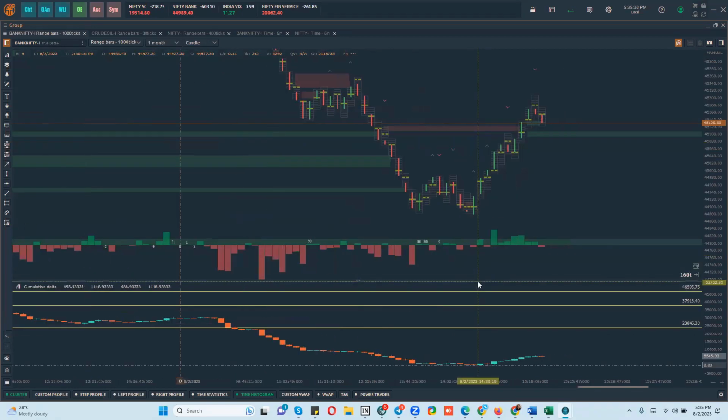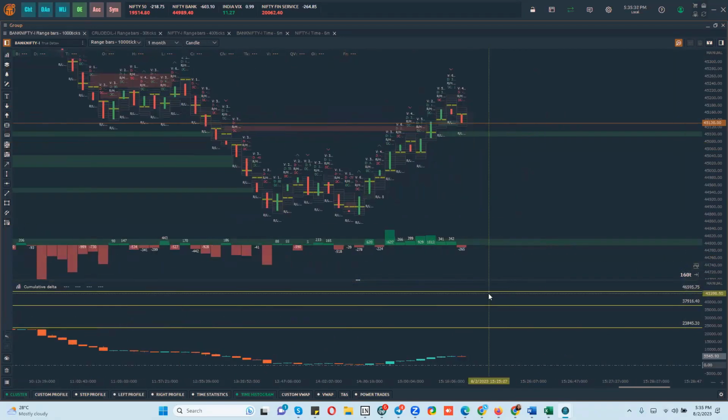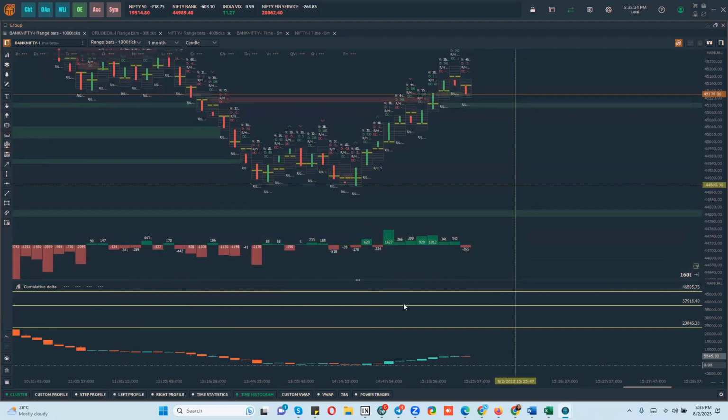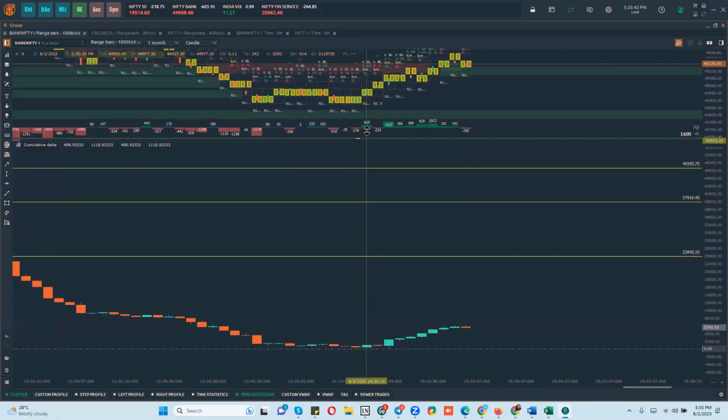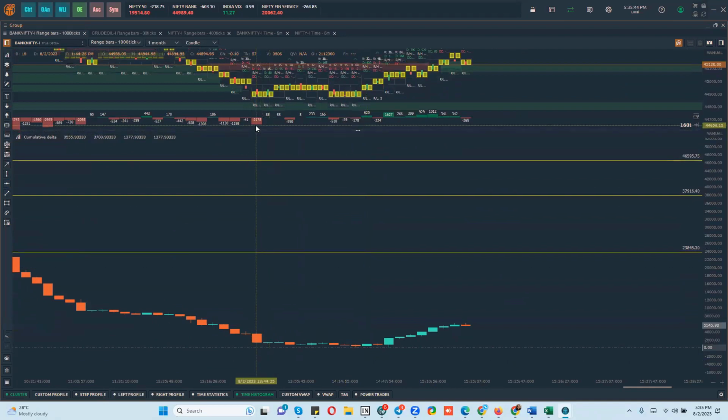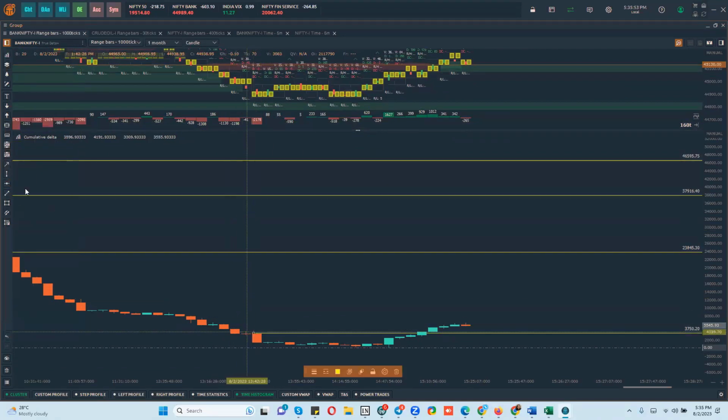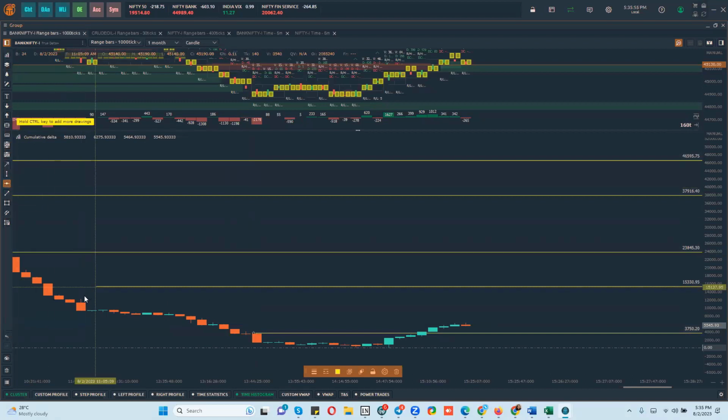So in the current market scenario, probably a new resistance would be around this level. The market is slowly trying to, just a minute, if you see there was a big delta out here, and there is a big delta out here as well. So probably these two levels are very crucial for the market to push higher.